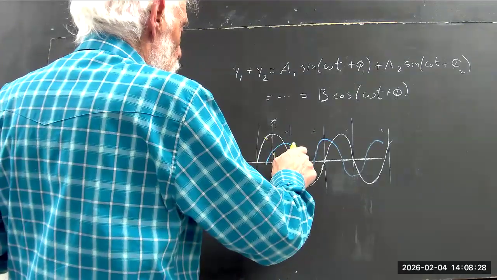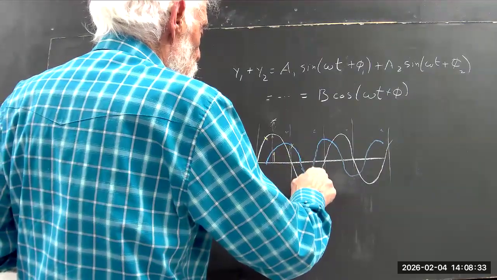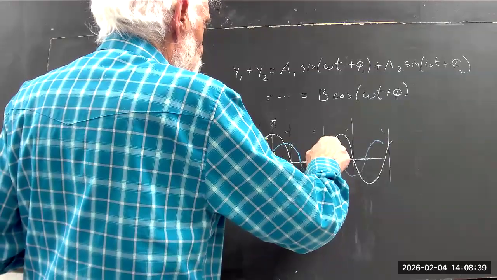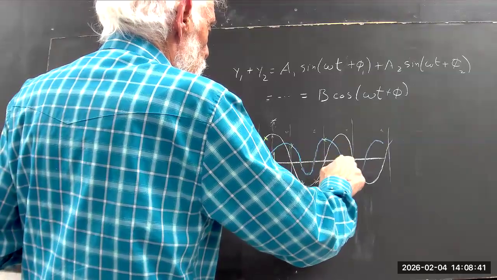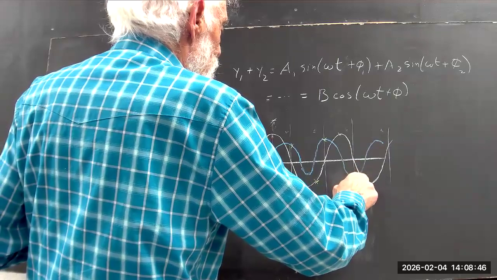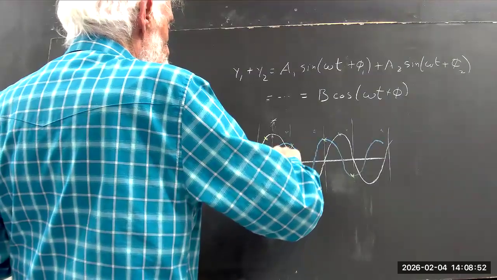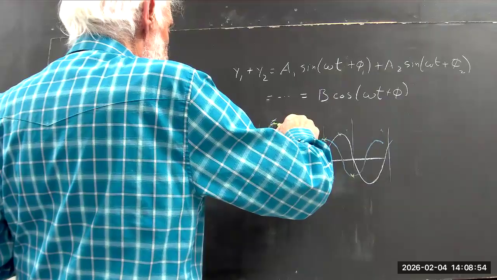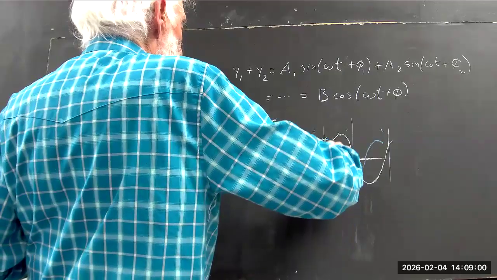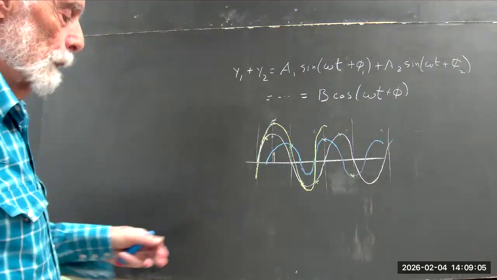Okay, so we could add this to this, and we get a one here, and we add this to this, and we're down here. We add this to this, and we're down here, and then we're back up here and up here, and then we're down here, and it's not very well drawn, but it's going to be kind of like this. Okay, not real well drawn.